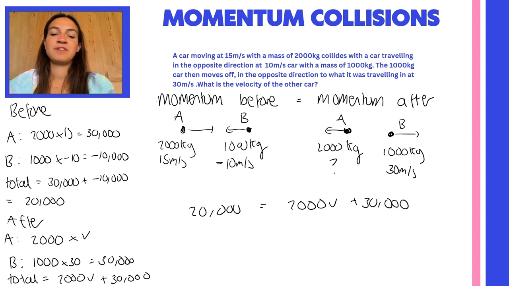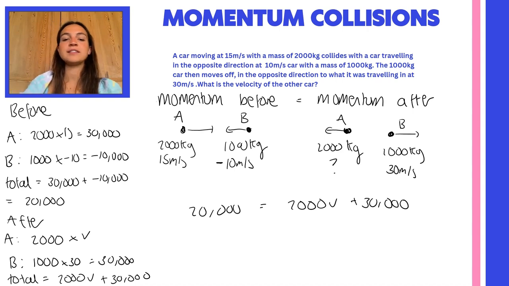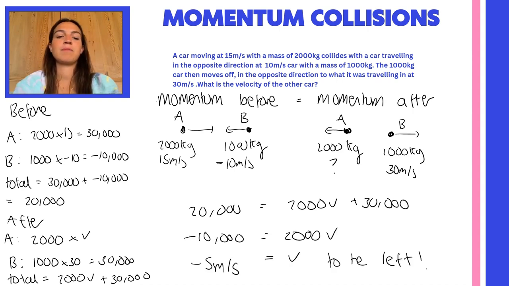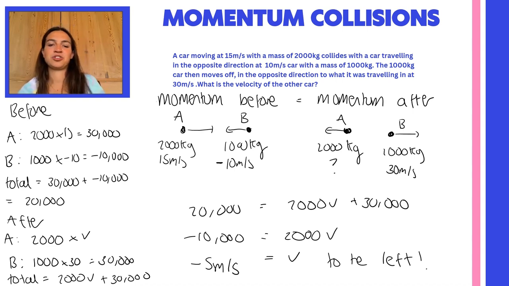Now it's time to rearrange this equation, so bring the 30,000 over to the left-hand side by minusing it, so that gives me minus 10,000 is 2,000v. Then dividing minus 10,000 by 2,000 gives me minus 5 meters per second. I'm glad it is a minus because A travels off to the left after this collision, so that's all good.